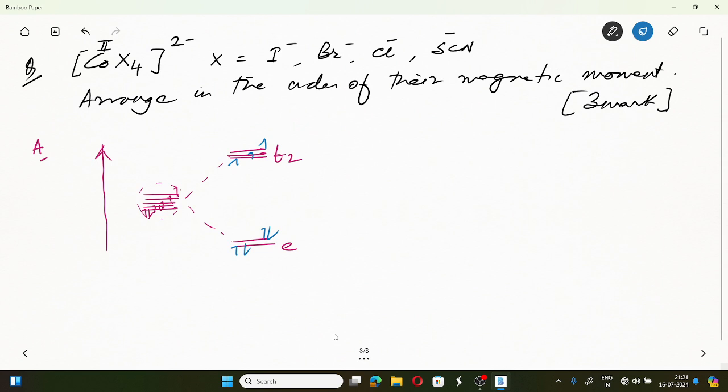তাহলে সেই পয়েন্টটায় আমাকে স্পিন অরবিট কাপলিং এর জন্য... দেখো, স্পিন মাল্টিপ্লিসিটি কত হবে? 4 হবে, তাই তো? তাহলে quartet F, quartet P. So once again I am just drawing the orbital diagram for your convenience.